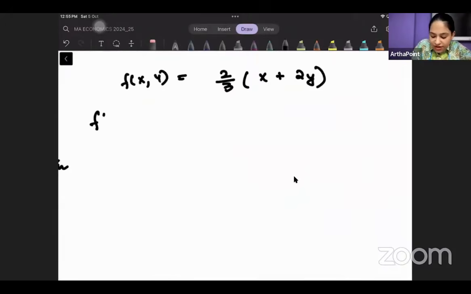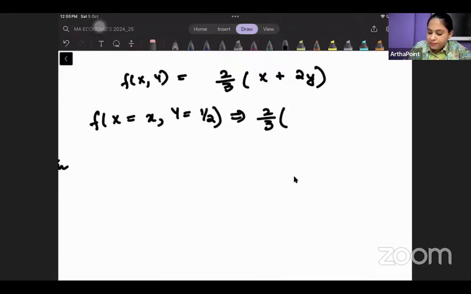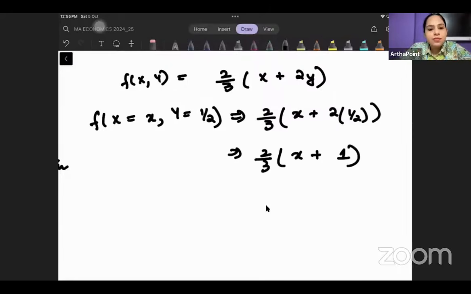Now I want to find this distribution for some value of x, but I want to keep y at half. So this will be 2 by 3 x plus, instead of y, I will replace half and I will get 2 by 3 x plus 1. This is my joint distribution where I have kept y at half.